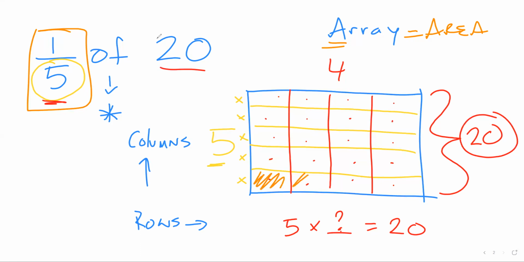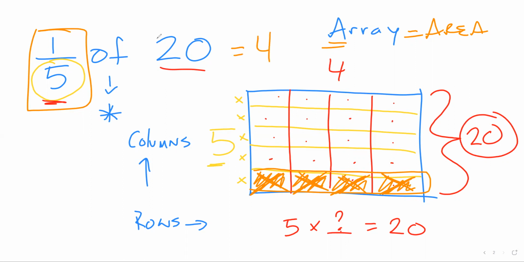So if I shade in one of these 5 rows, I can see that 1/5 of 20 is equal to 1, 2, 3, 4.